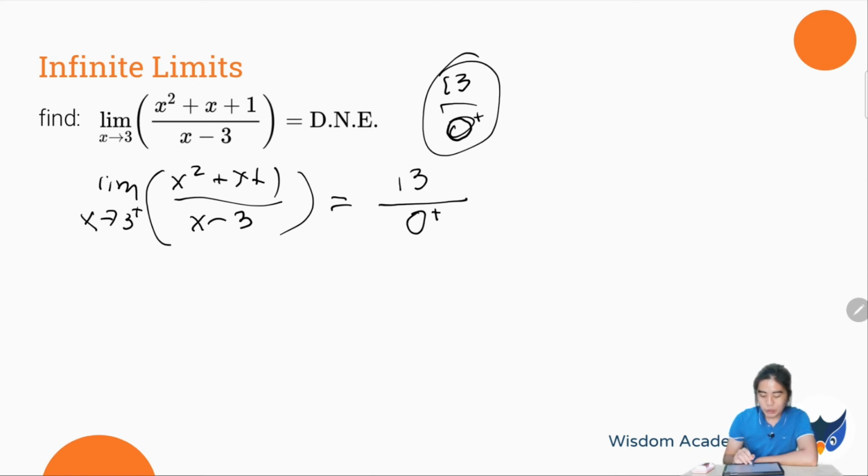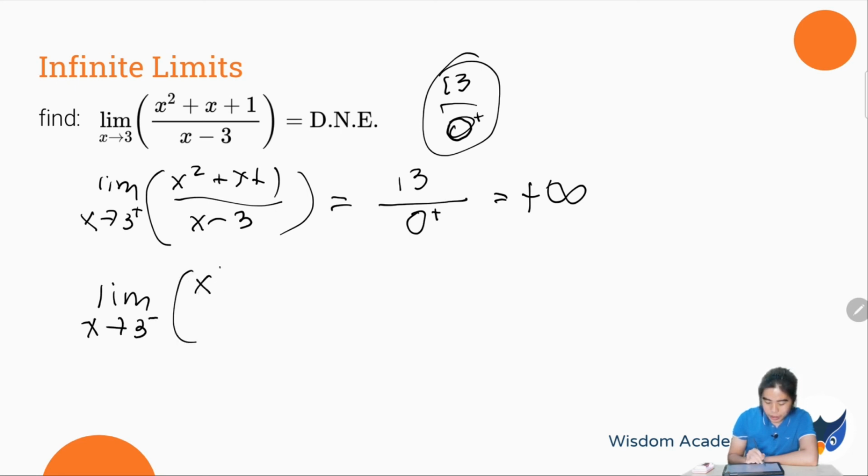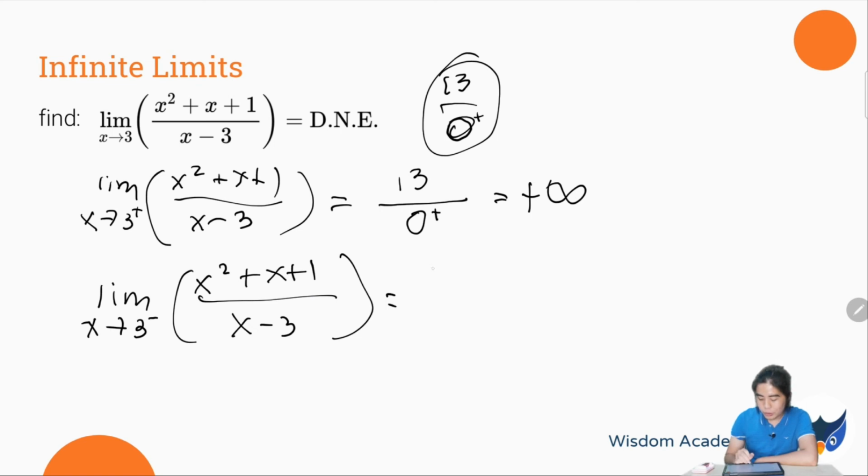So 13 over 0 plus equals to positive infinity, since positive over positive. From the left naman, 3 minus, so x squared plus x plus 1 over x minus 3 is equals to 13 over 0 minus.